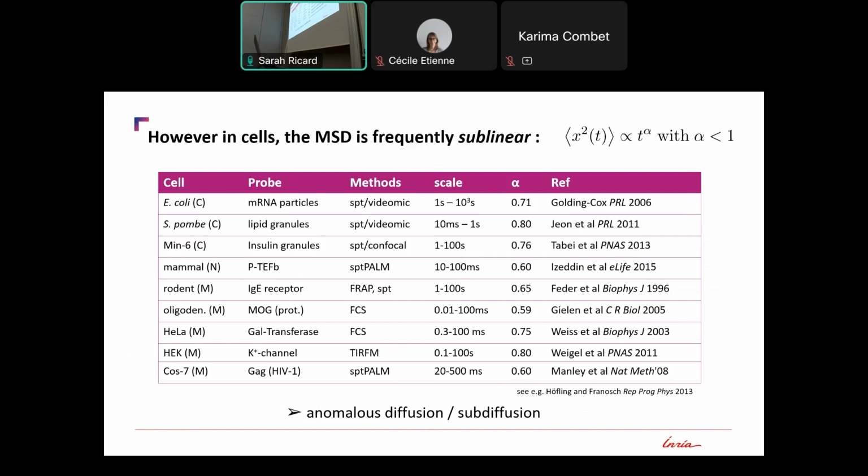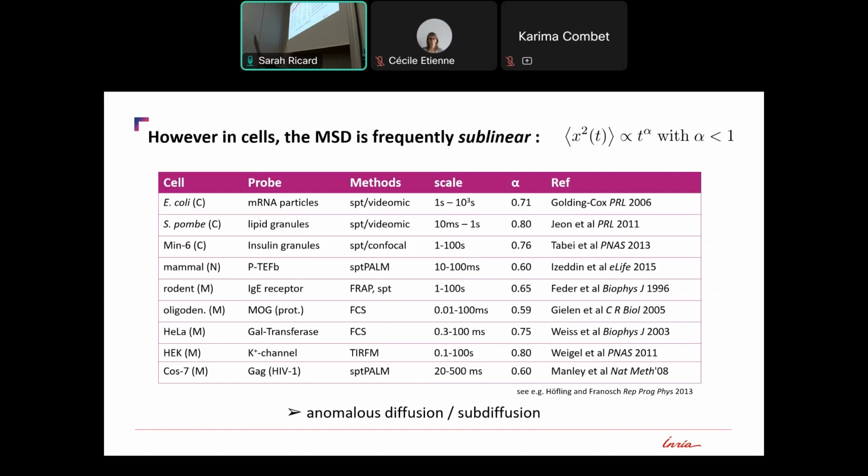The time scales are different, but for all those results, alpha is lower than 1. And the proteins are very different: mRNA particles, transcription factors, receptors. And every time you see random motion, you see some kind of power law between the MSD and time, but it's not Brownian motion. That means that all those guys got it wrong, and maybe Einstein was wrong.